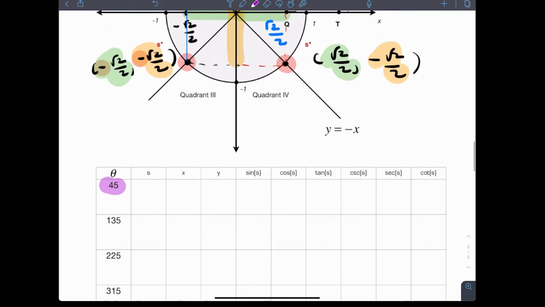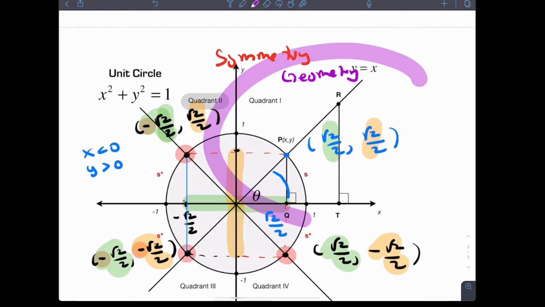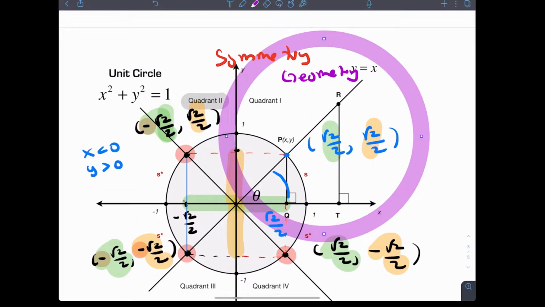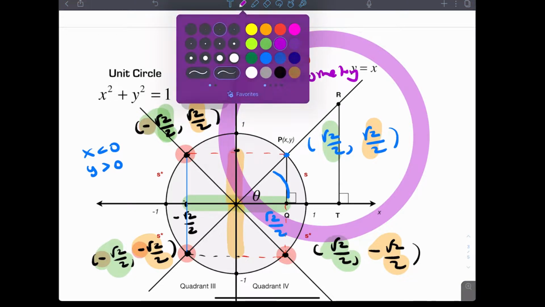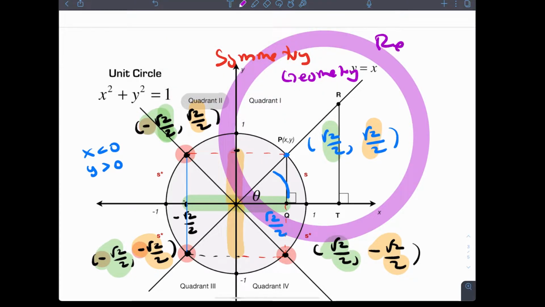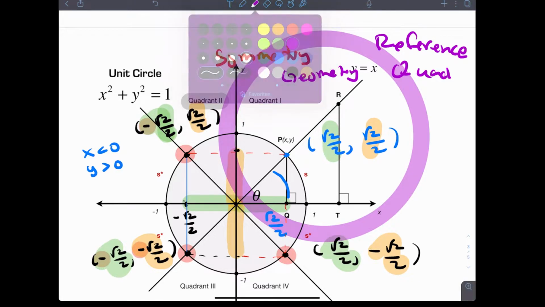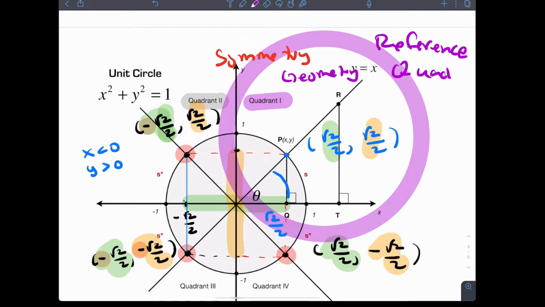You could do that from geometry. And I'm going to say something even further. I'm going to put an asterisk here. This is your reference quadrant. Quadrant 1 is going to be your point of what? Reference.